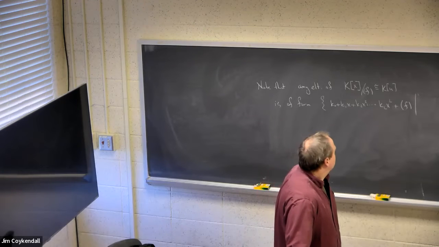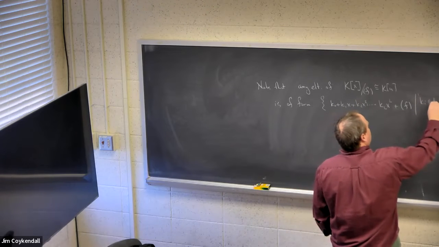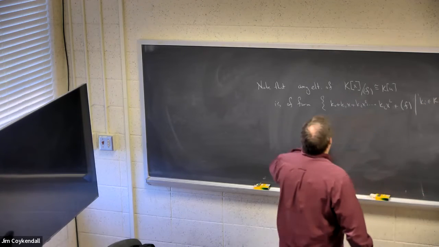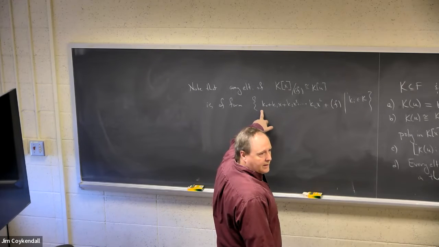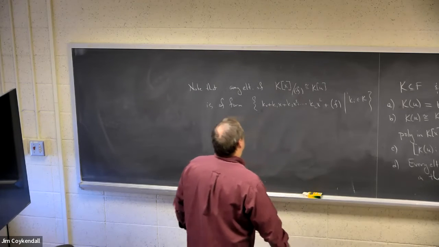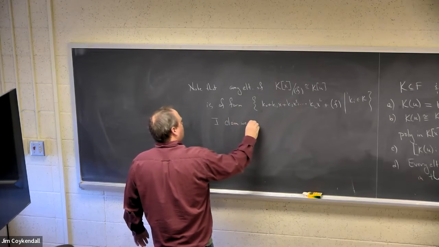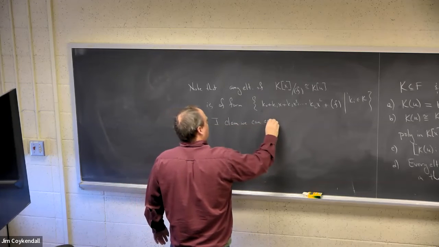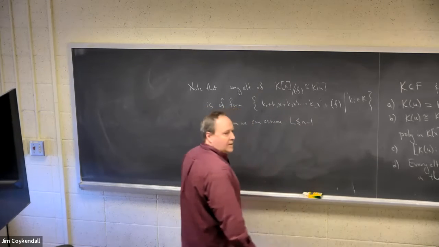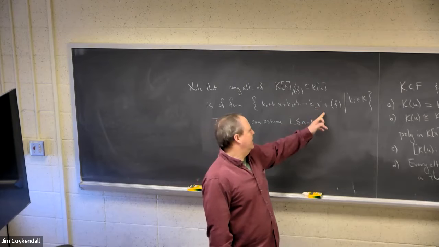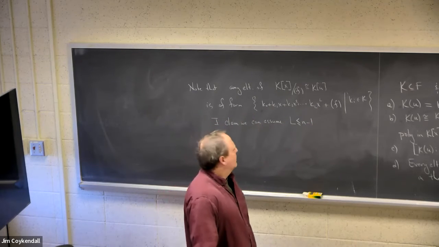Everybody okay with it? So what I've done is I've written a typical coset down. I claim that we can assume that l is no more than n minus one, where n is the degree of f. Any ideas on how to do that?